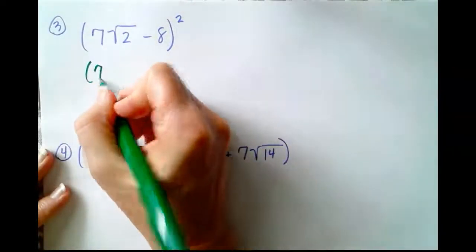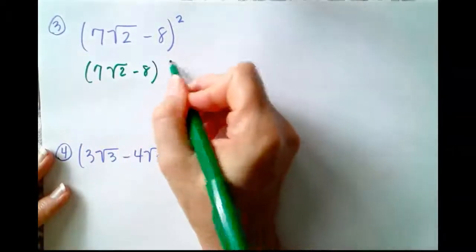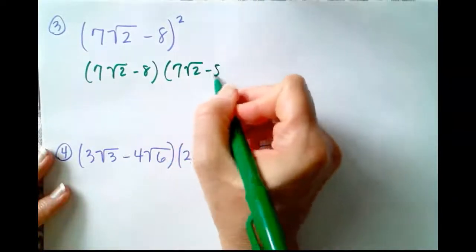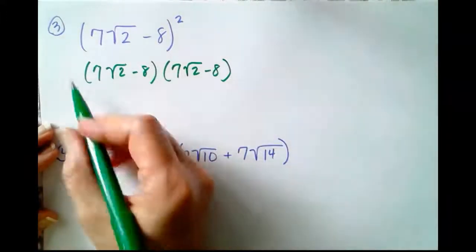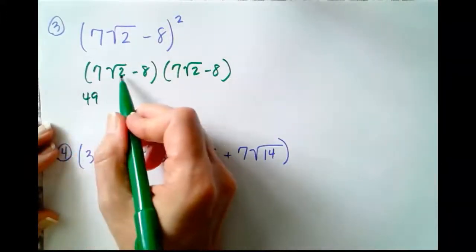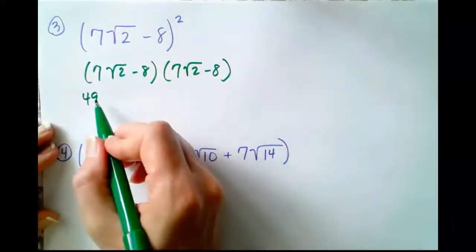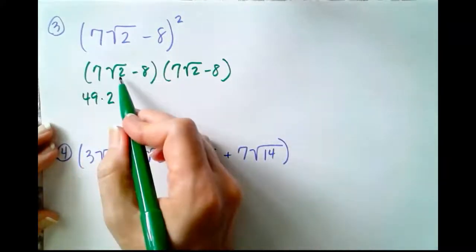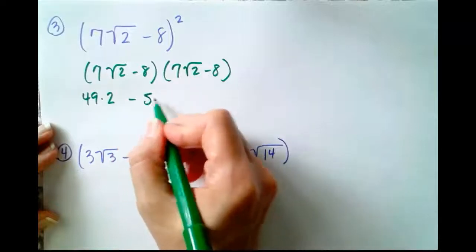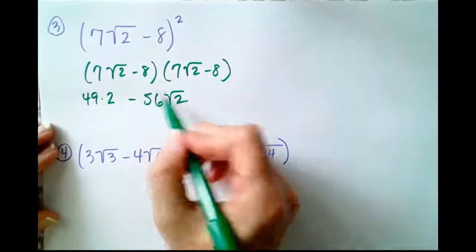This is a binomial being squared, so it would be prudent to write it out twice. I'll do this one quickly. So first sides, remember 7 root 2 times 7 root 2, 7 times 7, 49. Root 2 times root 2 is 2. 7 root 2 times -8, -56 root 2.